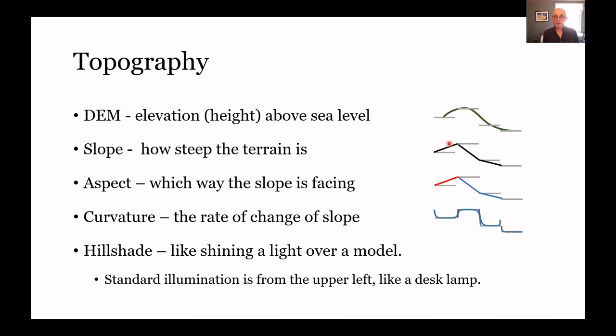This is sloping towards that direction, and this is sloping down towards that direction. We can extend this so that we have 360 degrees rather than just left and right here, and we get the concept of aspect. So we can be north facing, south facing, east or west facing, for example.